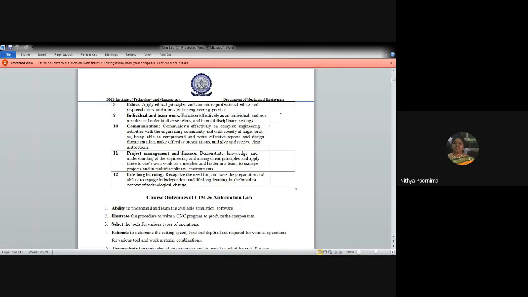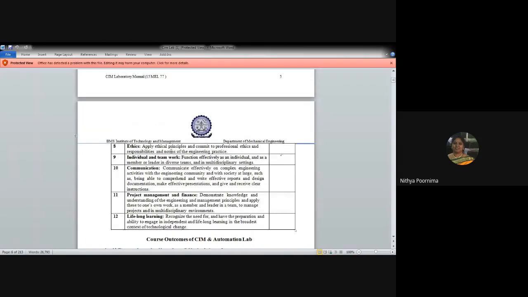This is the component that will be introduced here. Ethics is when you're writing your report. When you do your project and the formulation of objectives, you make sure you're not copying from somewhere, right? So we ensure that you have formulated these objectives on your own, right? So these are the ethics components that will be instrumental in your Bachelor of Engineering.